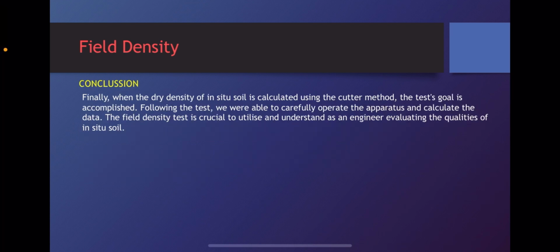The conclusion is, finally, the dry density of in situ soil is calculated using the core cutter method, and the test goal is accomplished. Following the test, we were able to carefully operate the apparatus and calculate the data. The field density test is crucial to utilize and understand as an engineer evaluating the qualities of in situ soil.